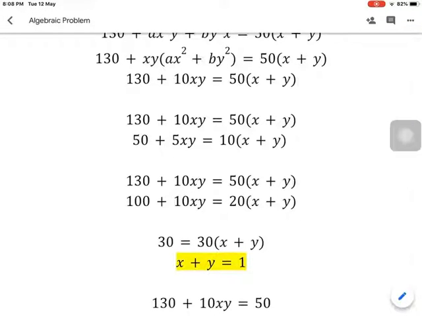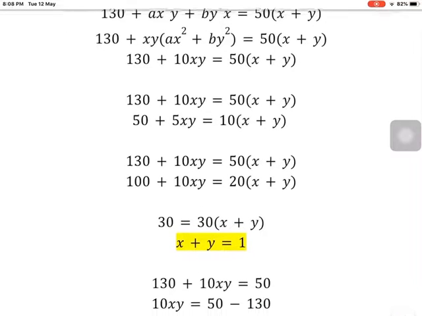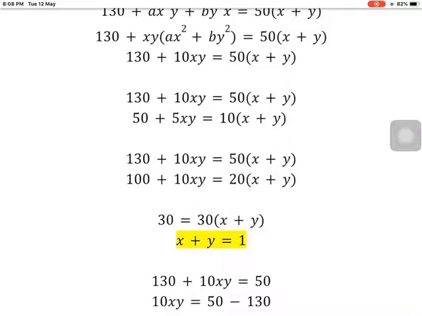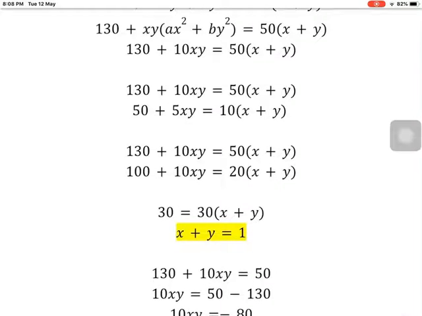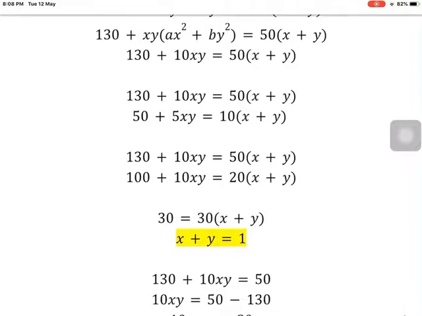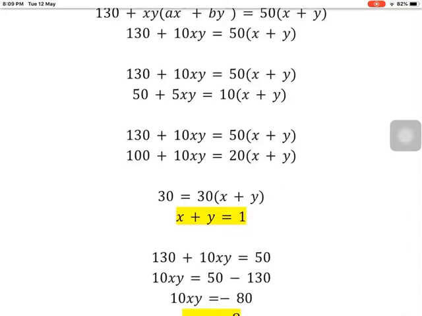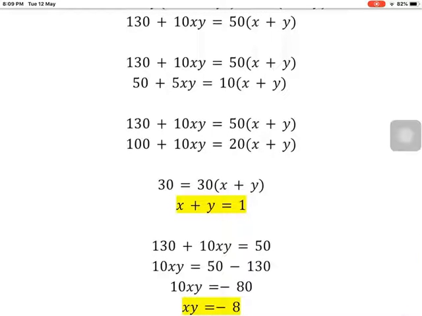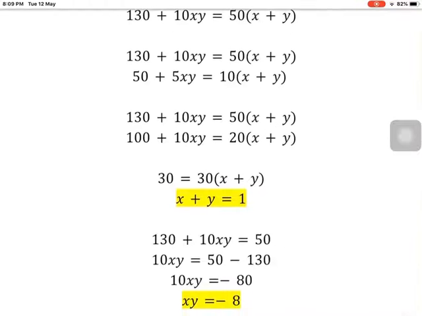So 130 plus 10xy equals to 50. Now we bring the 130 to the right hand side and it becomes negative 130. So 10xy equals to 50 minus 130, which is negative 80. Divide 10 by both sides and you'll get product of x and y, which is negative 8.